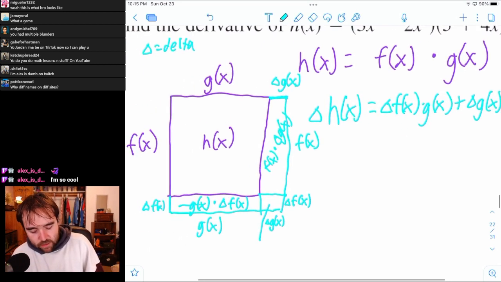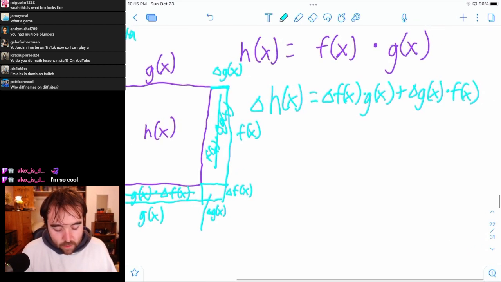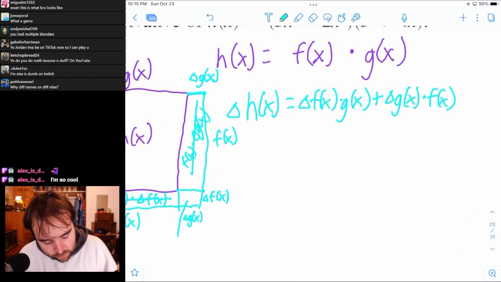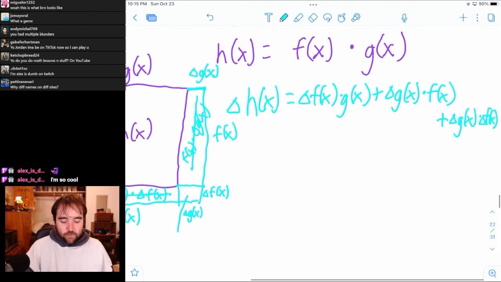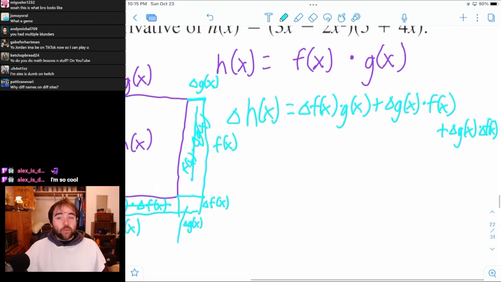So that's just this section here and this section here, plus that little rectangle down there, the change in g of x times the change in f of x. So that's a beautiful formula.